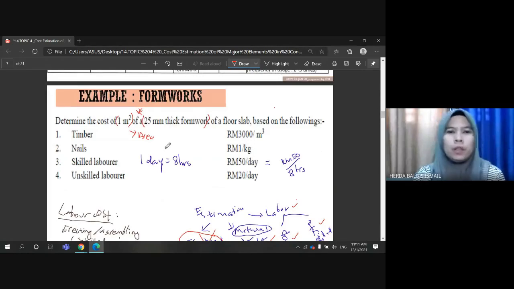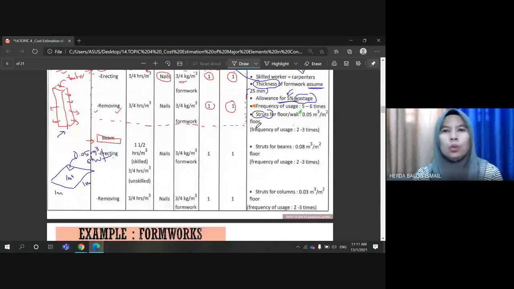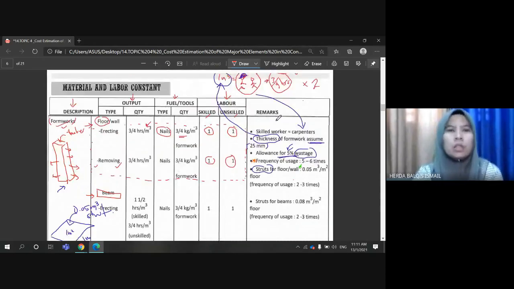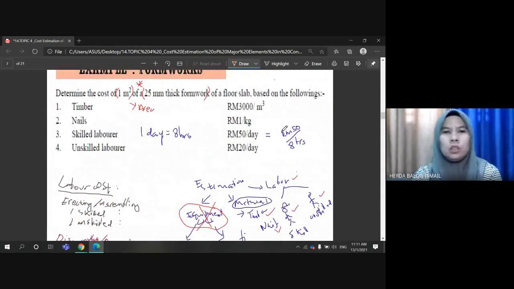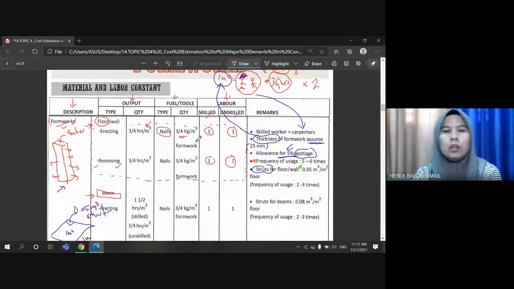If the thickness is not given in the question, you need to refer to the remarks column and use the assumption stated in that particular table of constants attached in the question, in the appendix section. So for this question, we are referring to this table of constants.